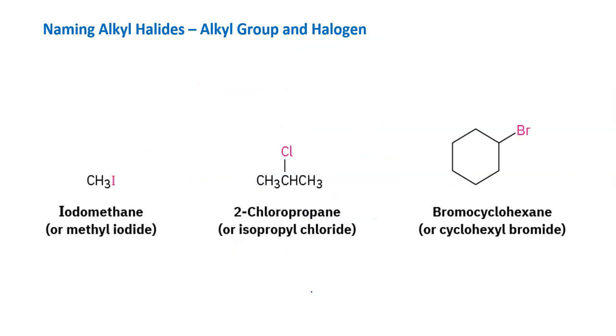And then there's some kind of common names. So iodomethane or methyl iodide, and then 2-chloropropane or isopropyl chloride. So remember your isopropyl groups when you have your 3 carbons and you're substituted on the middle there, like isopropyl alcohol or isopropyl chloride or just an isopropyl substituent.